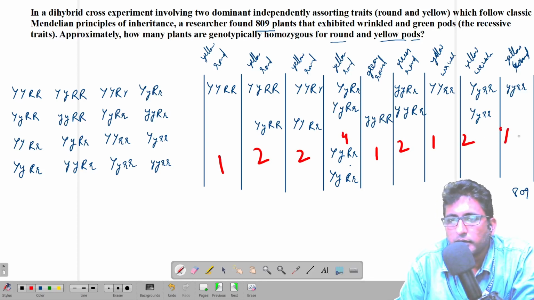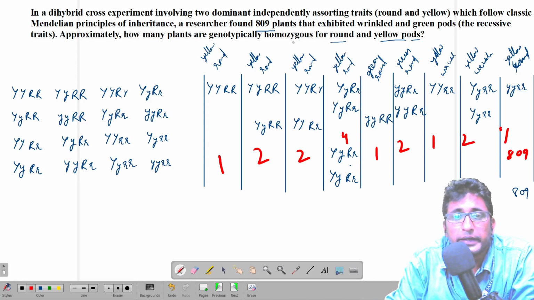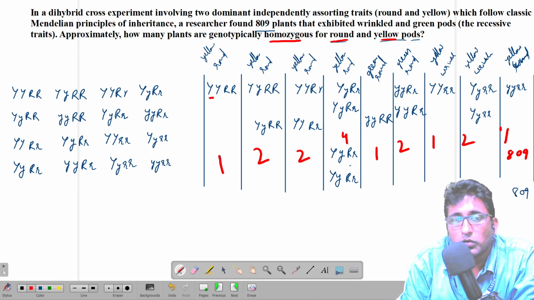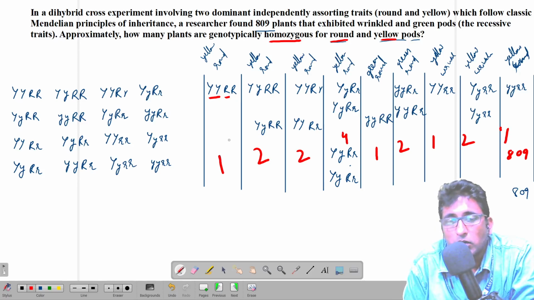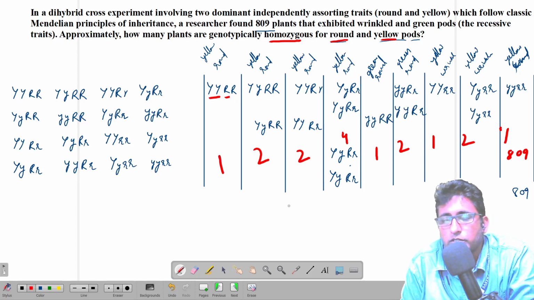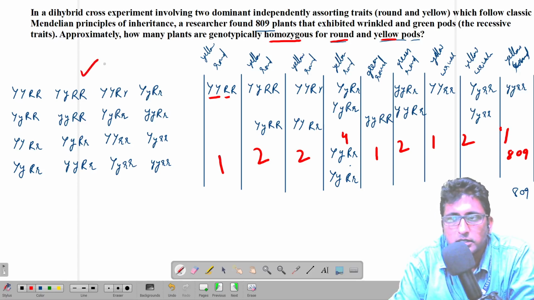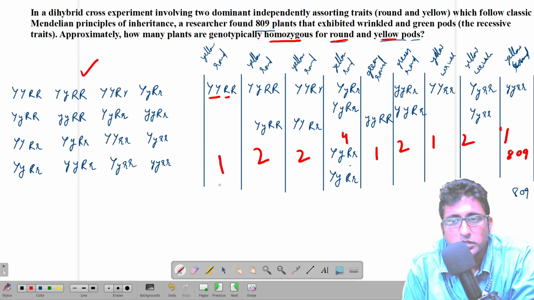So if we have 809 in this case in an experiment, then how many would be homozygous for round and yellow? Homozygous for round and yellow would be this one. This is a straightforward question, right? So if you didn't remember the ratio, you might actually work out the Punnett square like it is given here, and from there you can always answer the question.